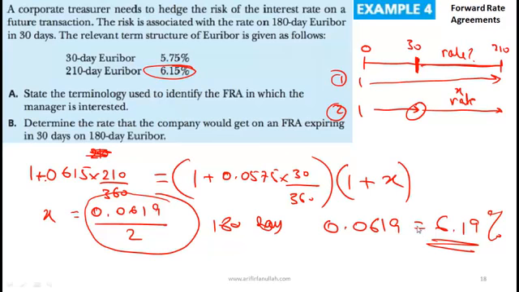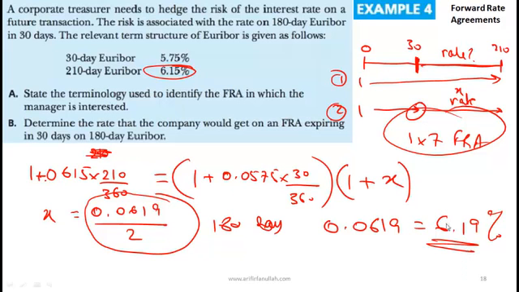In other words, the price of the 1 by 7 FRA is 6.19%. How would we say this in simple English? We would say that if I want to borrow money after 30 days for 180 days, my rate will be 6.19%. And since I'm not stating a holding period rate, the default is that 6.19 is an annualized rate.